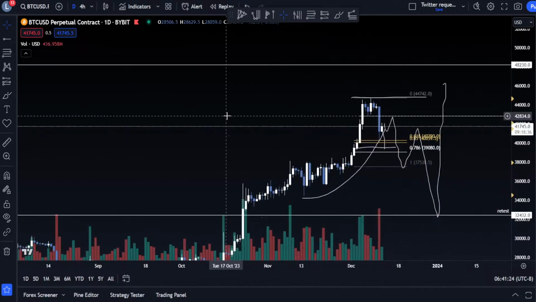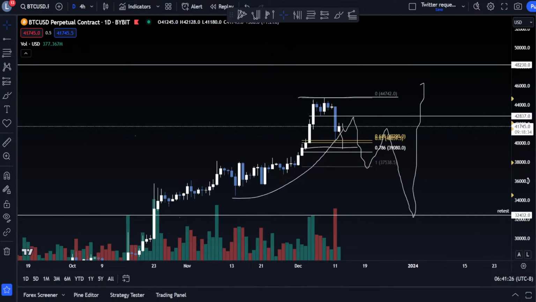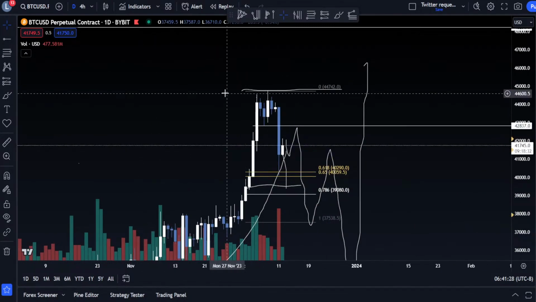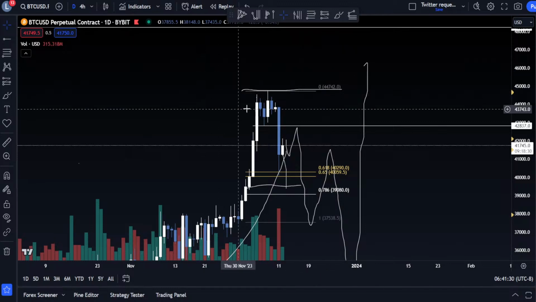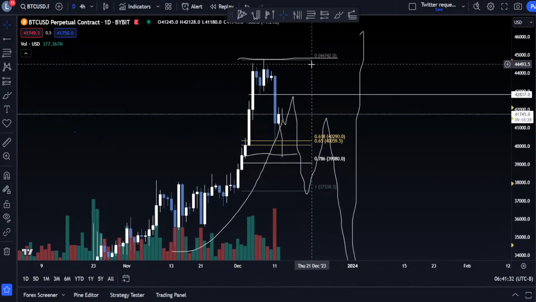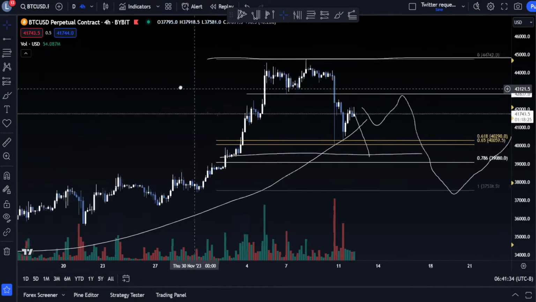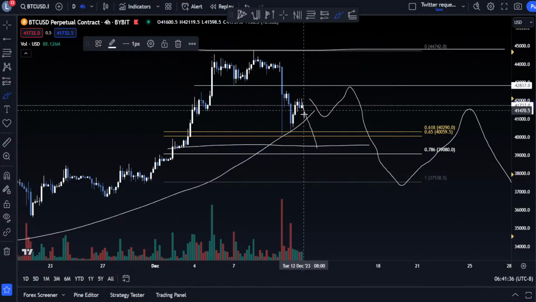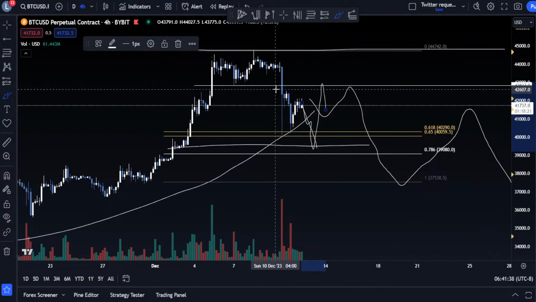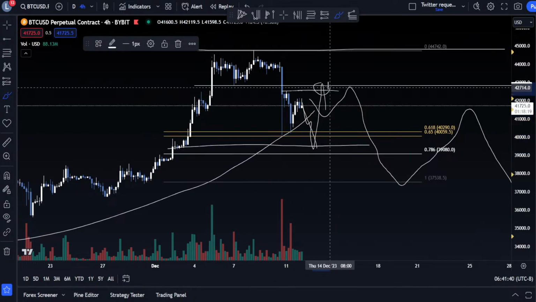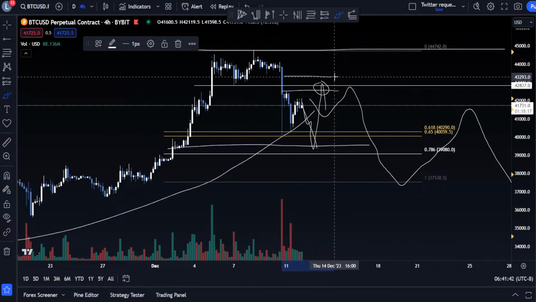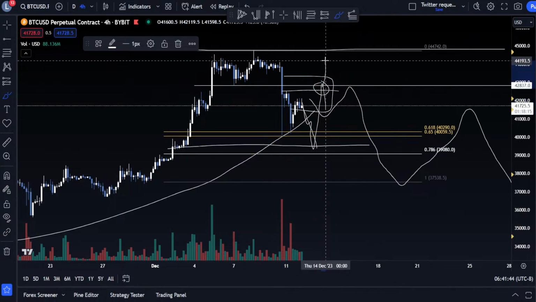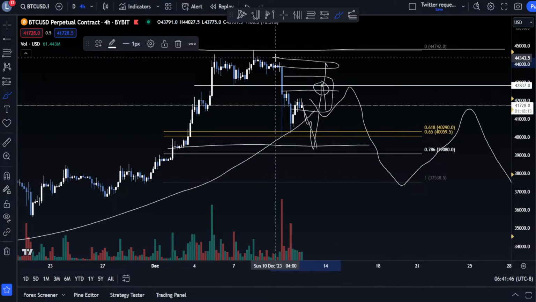If I get really clean setups to add to my shorts, I'll take them. But I'm not going to force it. Still some of that short running from the highs here. Wait for some structure to form. If we get a really nice sweep of these local highs, nice high positive delta, I have clean invalidation. If we break out, I'll look to do the same up at the highs of the range. Just being patient.